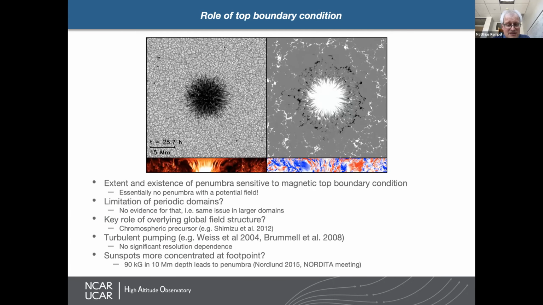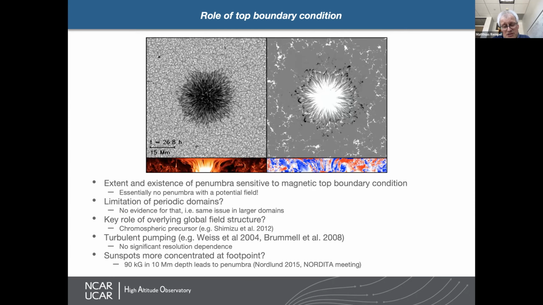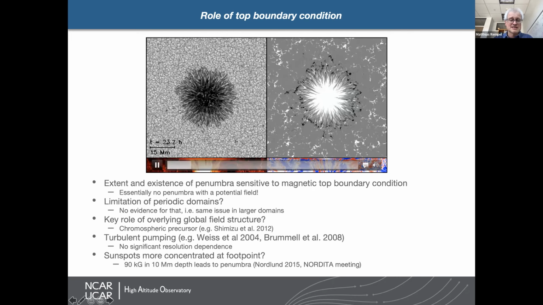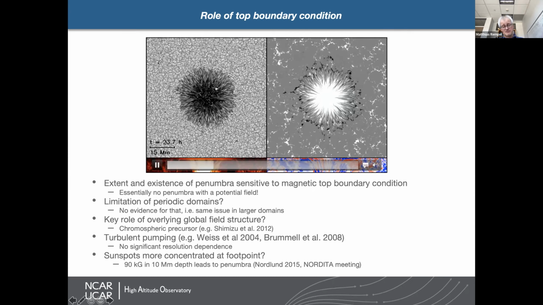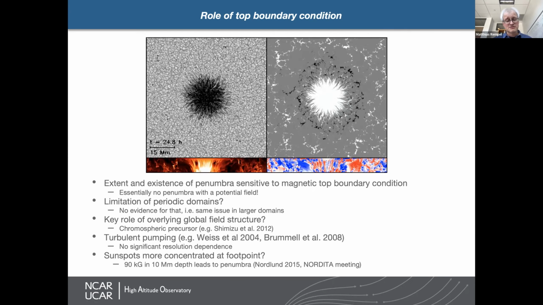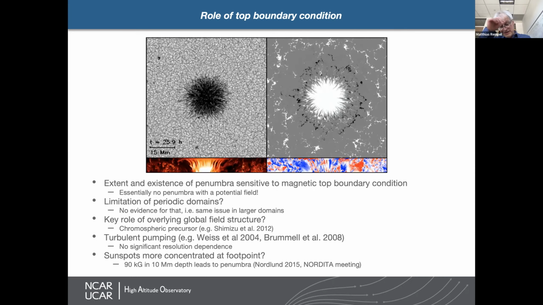I show here a movie where I just go back and forth between two different top boundary conditions. In the case when I have a penumbra, the field is artificially made more horizontal at the top boundary, and then if I switch back to a potential field, the penumbral Evershed flow disappears in about 20 minutes or half an hour.